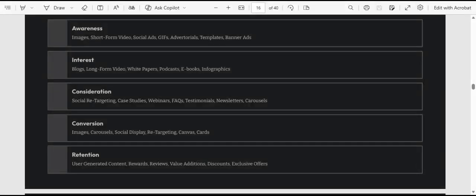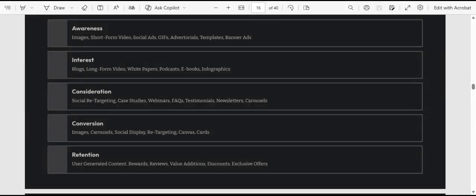When it comes to the consideration stage, you have to talk about social retargeting, case studies, webinars, FAQs, testimonials, newsletters, and carousels. So these are the different types of content that are effective in the consideration stage when targeting our audience in their buying journey.